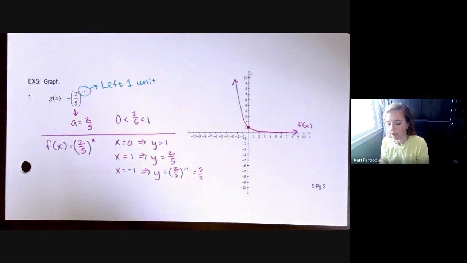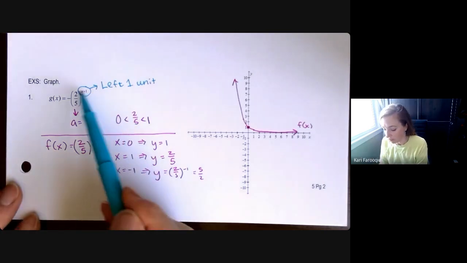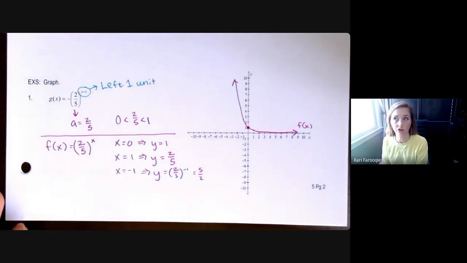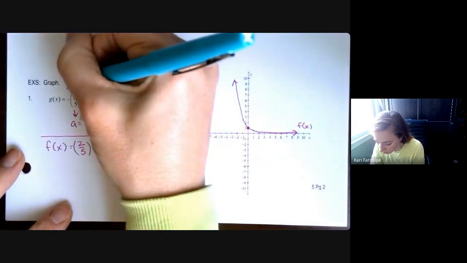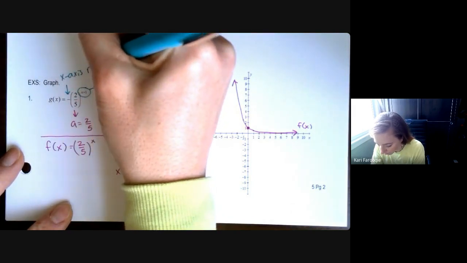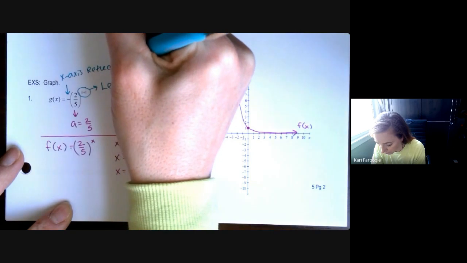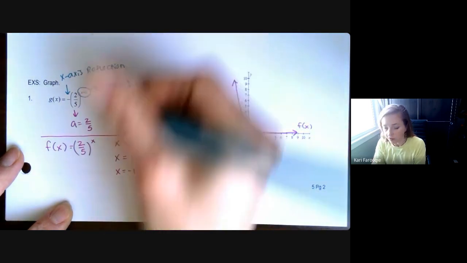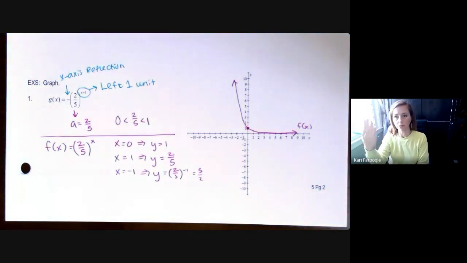Remember that if you were adding 1 outside of the function, it would shift it up. But since you're inside the function, you're actually going left, not right. And then the negative sign gives you an x-axis reflection. So that's going to take all of the values that you graphed and reflect them about the x-axis.